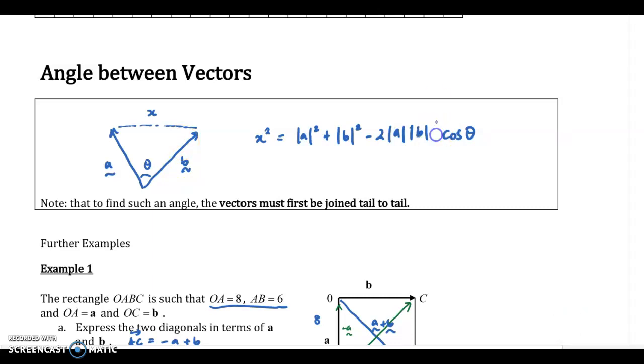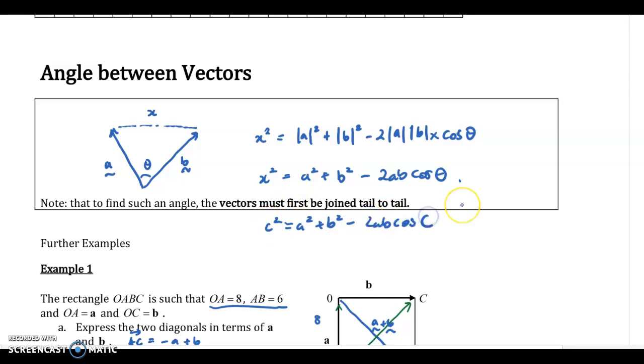I've just made a mistake here, that should be a times b. You can write that out again as c squared equals a squared plus b squared minus 2ab cos C, which is probably the one that you see on your formula sheet most often.